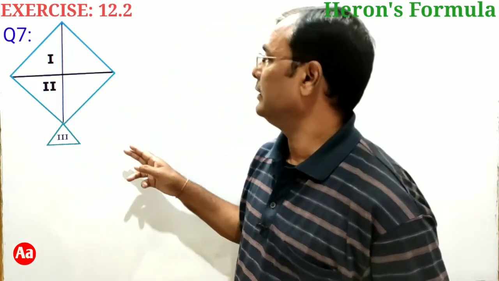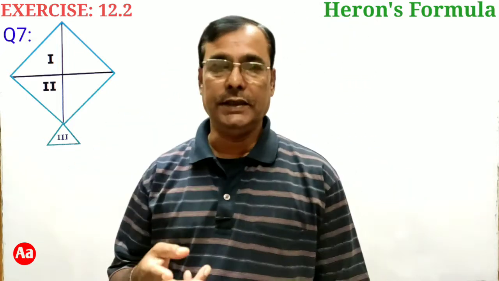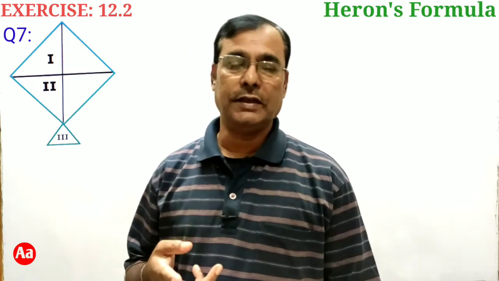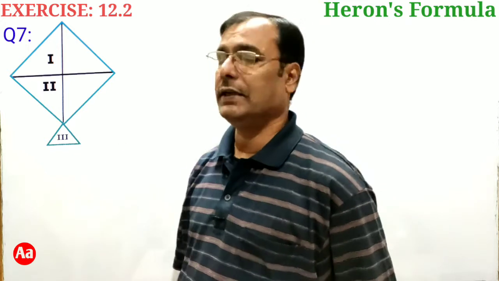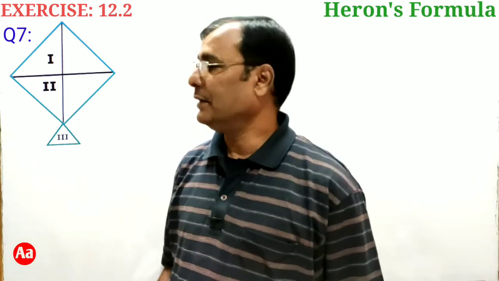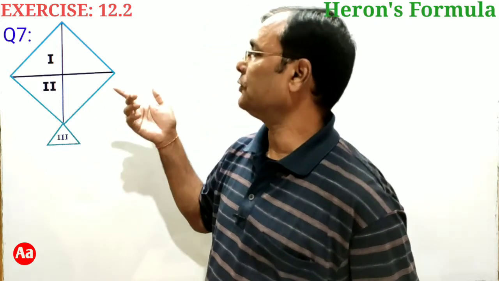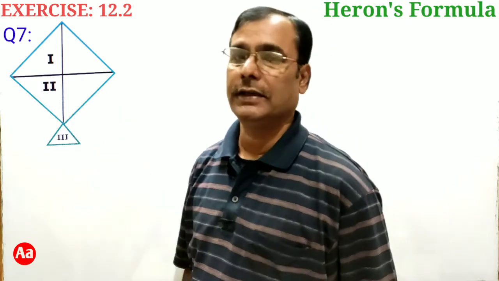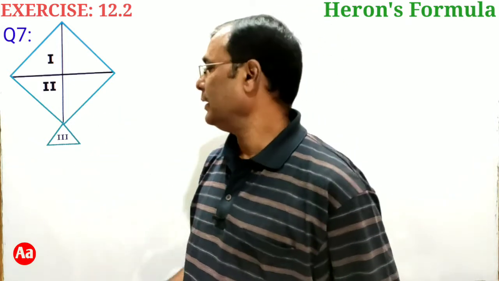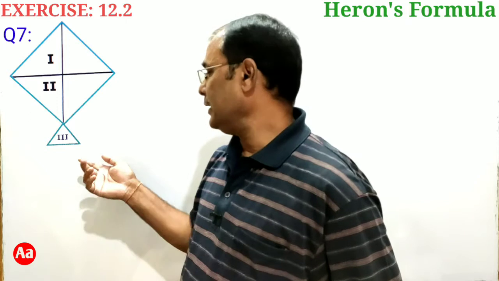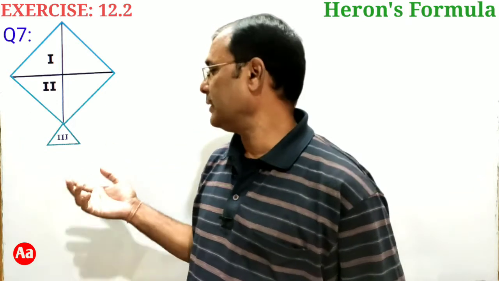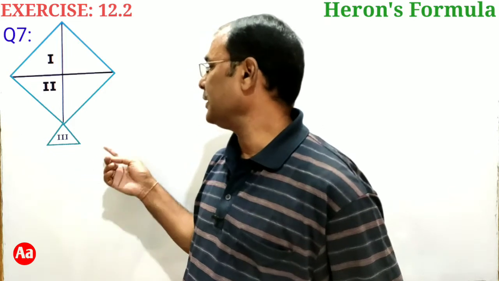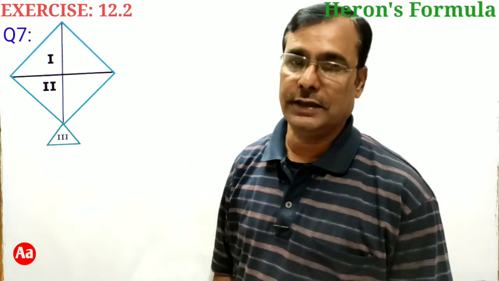This kite is made up of mainly 2 geometrical figures. One is a square and the other one is an isosceles triangle. The diagonal of the square part of the kite is given as 32 centimeter, and the 3 sides of the isosceles triangular part of the kite are given as 8 centimeter, 6 centimeter and 6 centimeter.